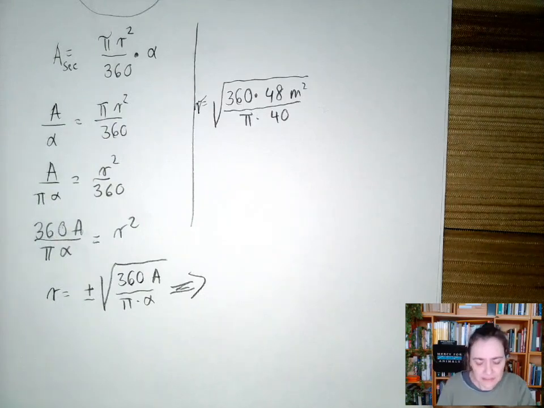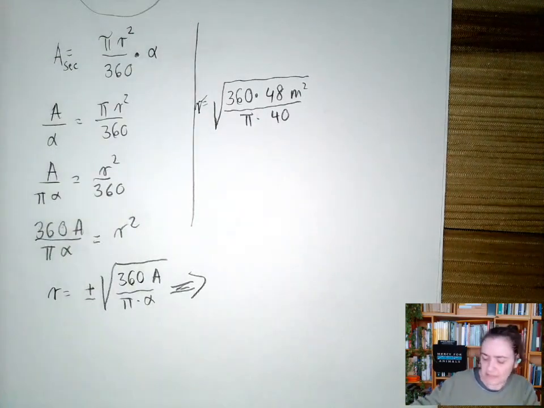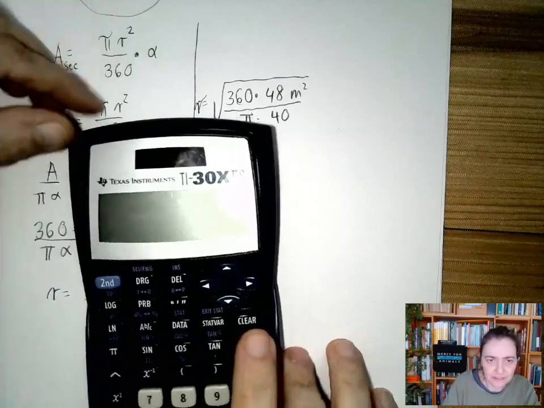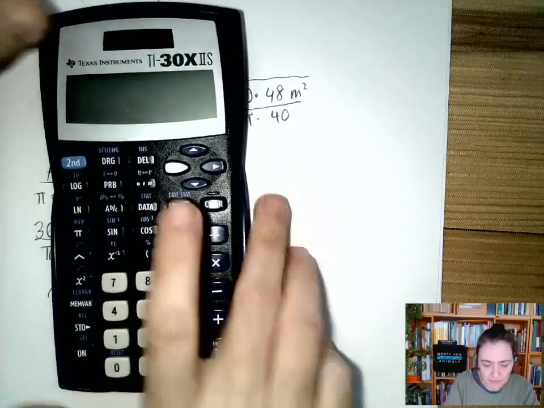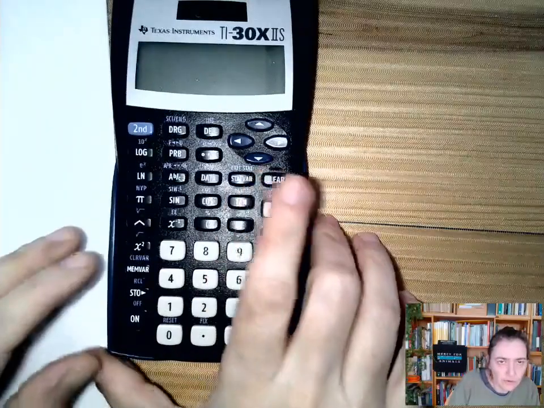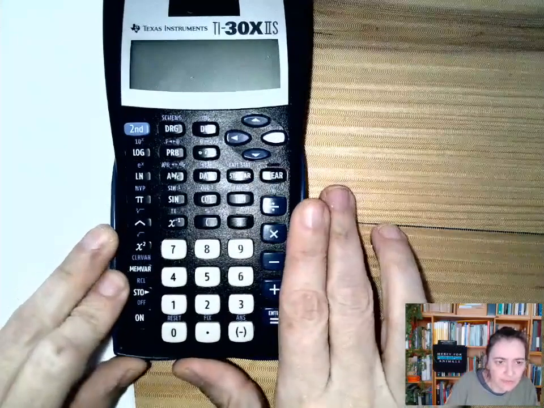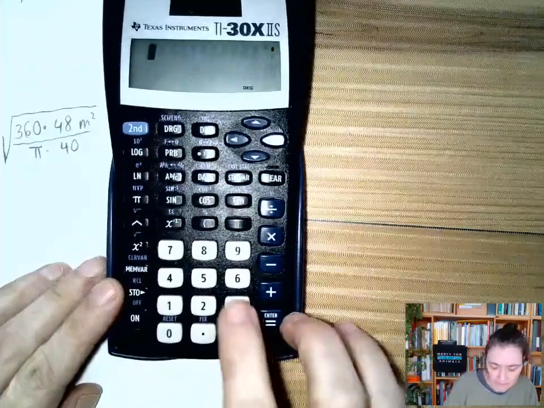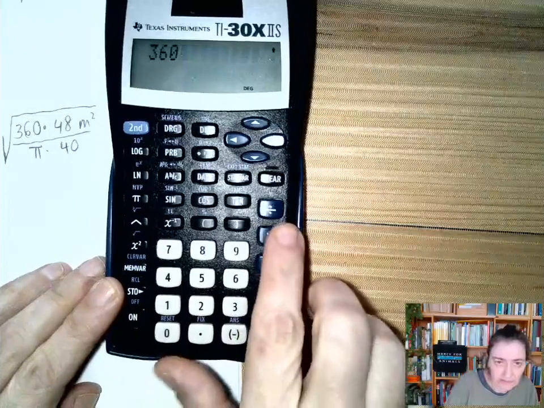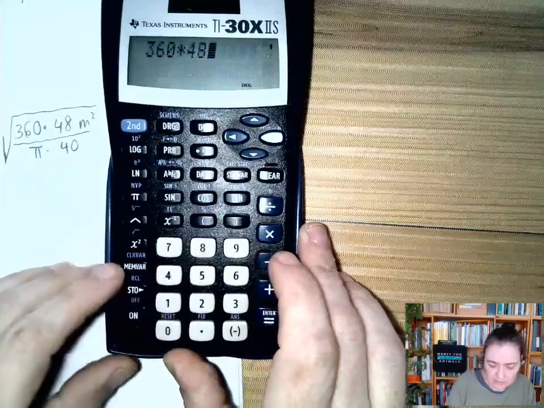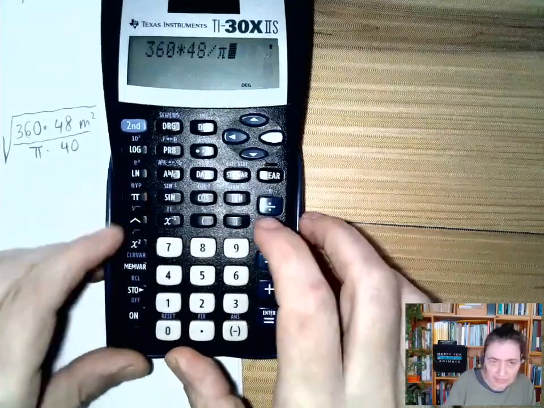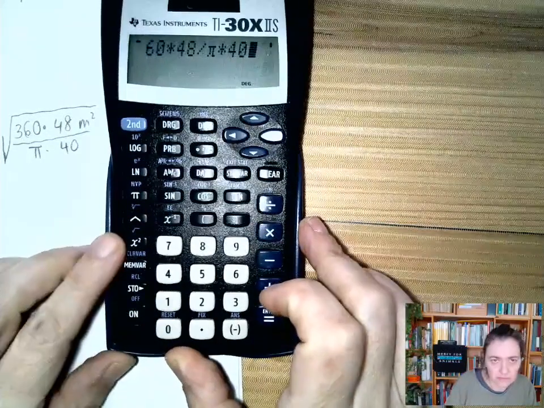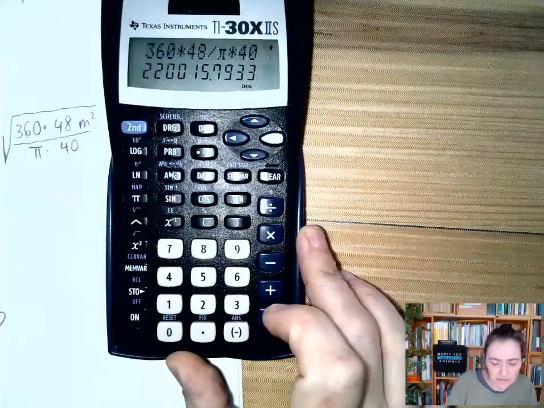And here is where I see a lot of students making an error. Watch what I enter into the calculator. That's where people mess up. So I'm going to write what my students sometimes write. 360 times 48 divided by pi times 40. And then you take the square root of this.